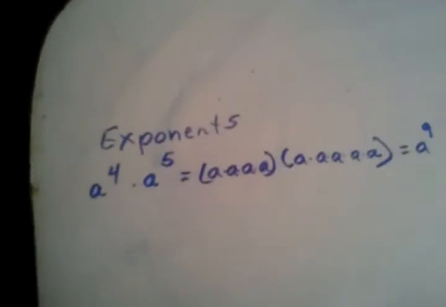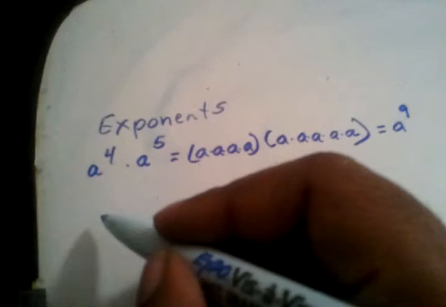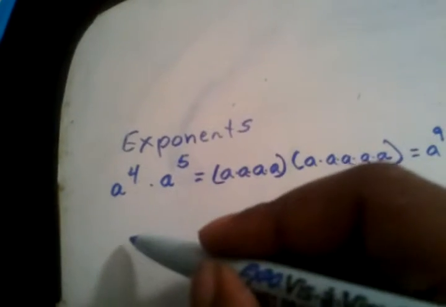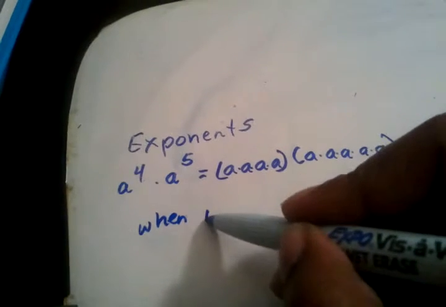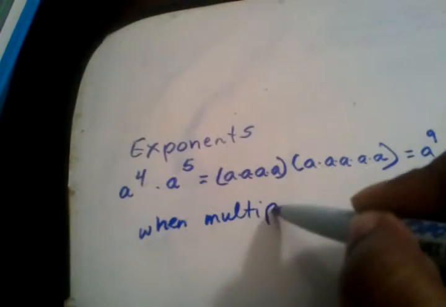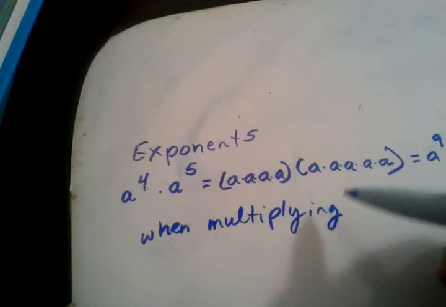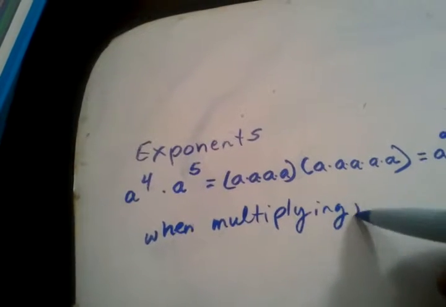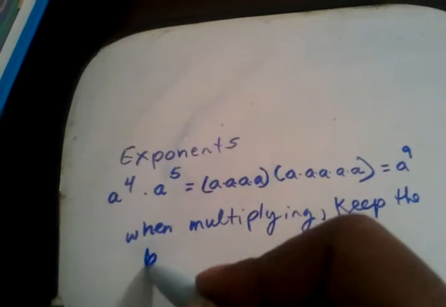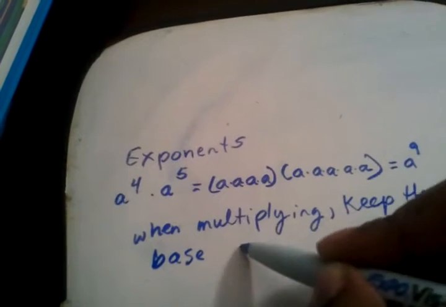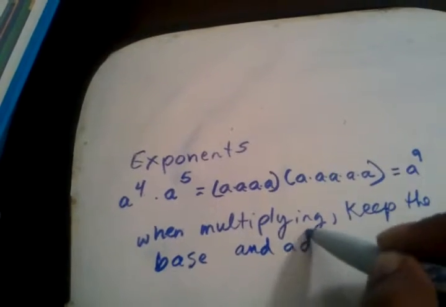All right, so here's the rule, and we're gonna write it out just in case we don't remember it. When multiplying, keep the base and add the exponents.